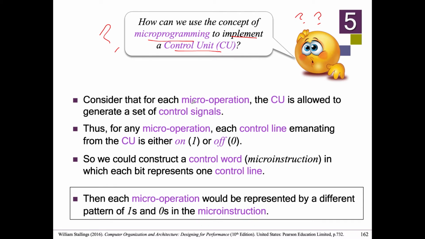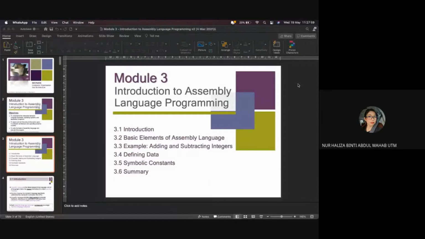Consider that for each micro operation, the CU is allowed to generate a set of control signals. So you need to consider these things, which I'm going to inform and share with all of you.